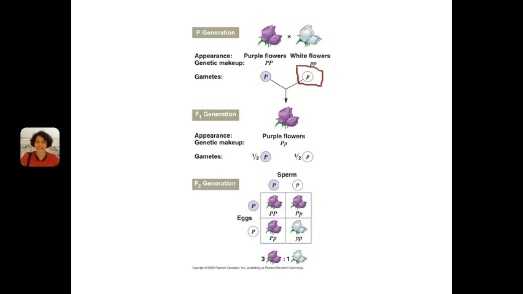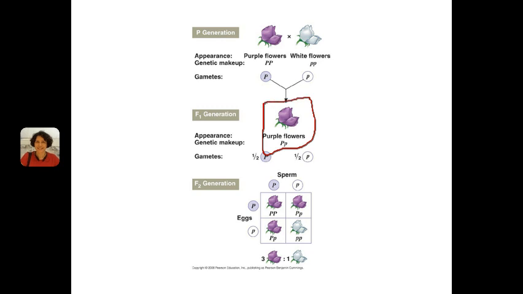So let's say that the purple one is the male and the white one is the female. Then you've got sperm that determines purple and eggs that determine white. When you cross them together, you get a zygote, and that grows into an individual. And when it grows into an adult and it has its own flowers, all the flowers are purple.